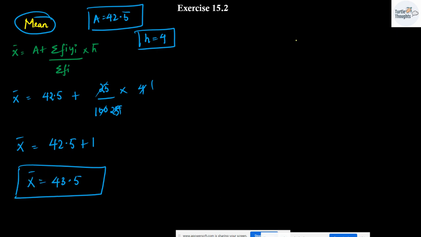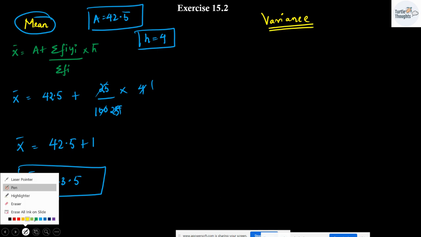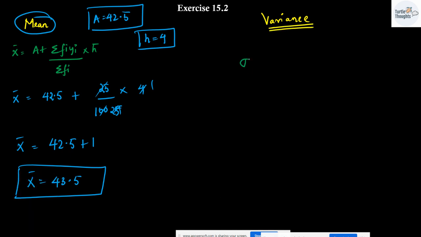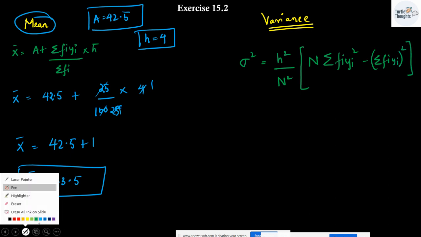Next, I can calculate the value of variance. Variance is given by the formula sigma square equals h square divided by n square multiplied by n multiplied by summation of FiYi square minus summation of FiYi whole square. This is going to be the formula.